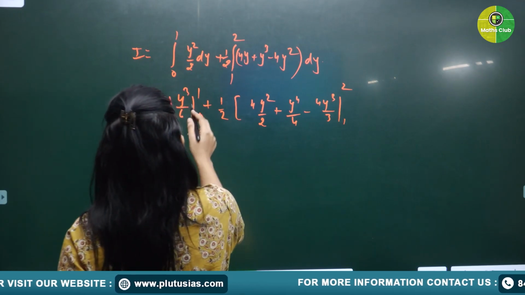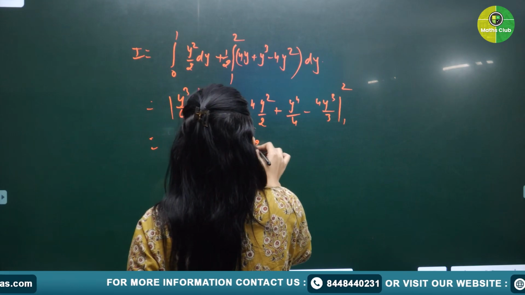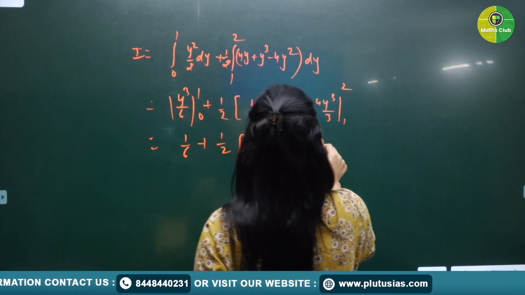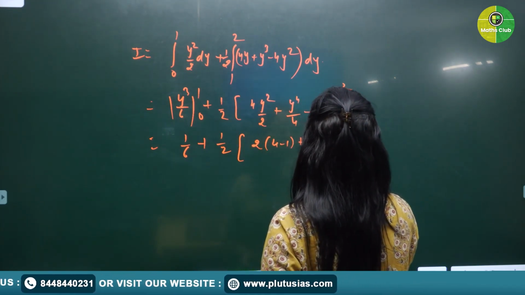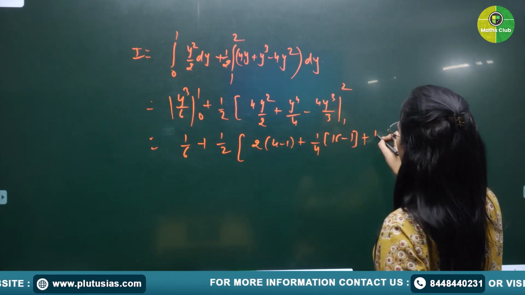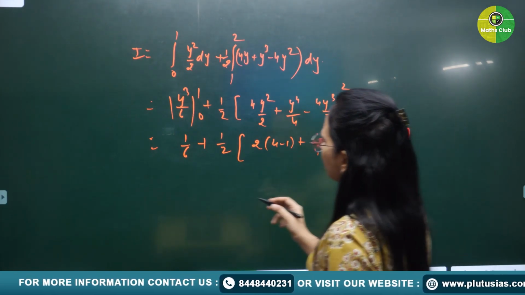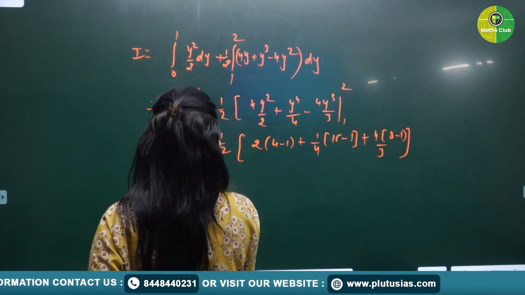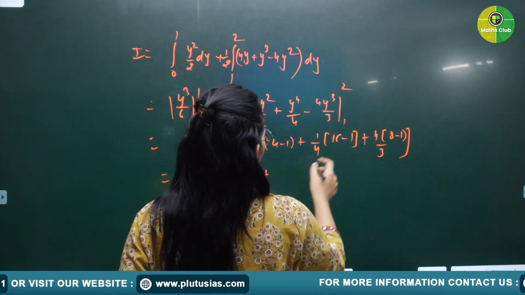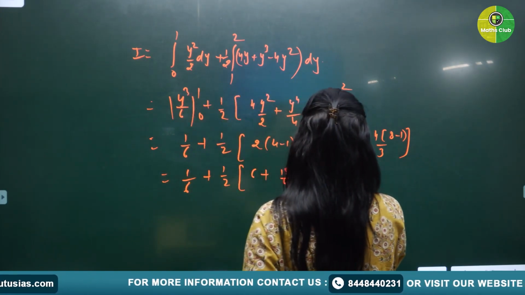So it becomes 1 by 6 plus half times 2 into 4 minus 1, plus 1 by 4 as it is, then 2 raised to power 4, that is 16 minus 1, plus 4 into 2 cube, that is 8 minus 1, by 3. In total we have 1 by 6 plus 1 by 2 times 3 into 2, that is 6, plus 15 by 4 plus 7 into 4, 28 by 3.